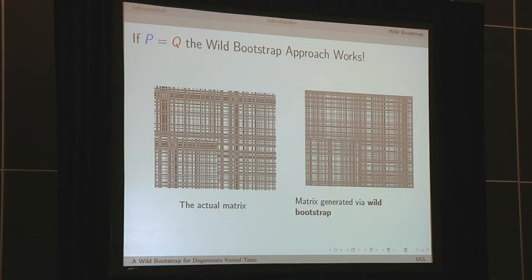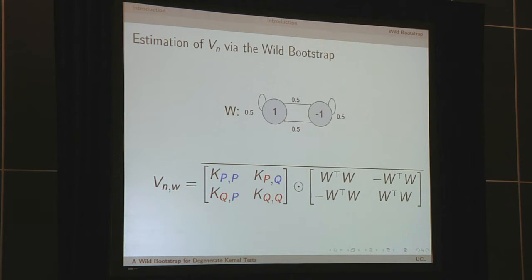Again, this is just an impression, and we'd like to quantify that. We quantify it by defining, again, the bootstrap V statistic, but now we multiply our Gram matrix by the bootstrapping matrix that was created using the random process.